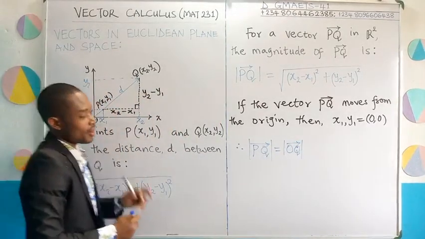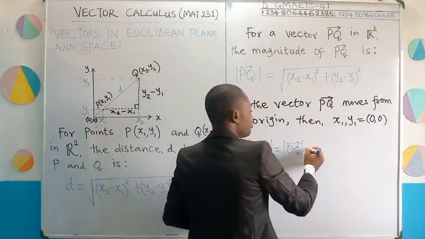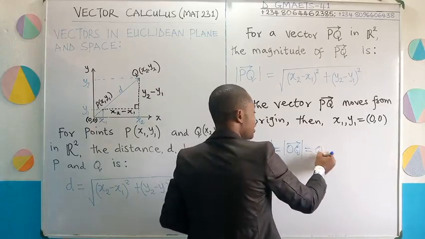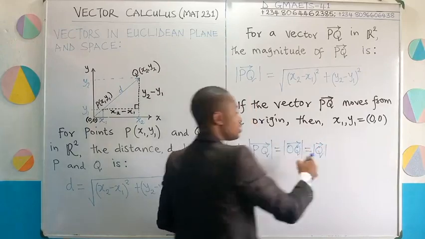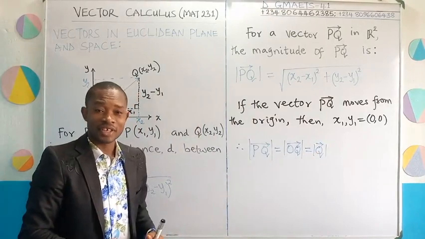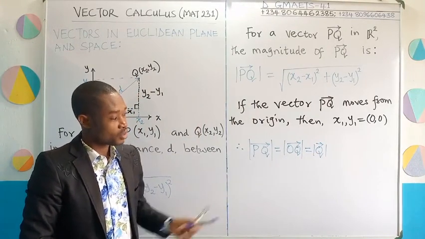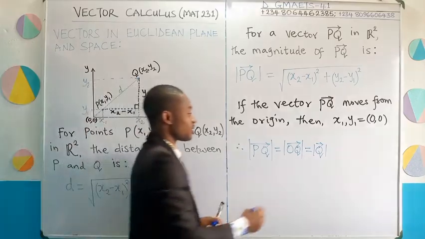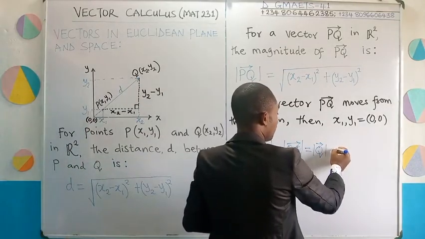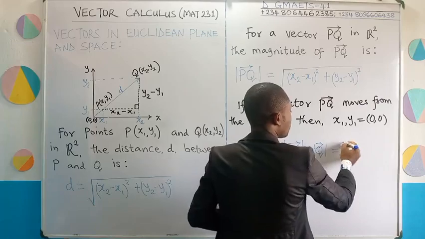Are you following, right? In most cases, we simply write this as Q without bothering ourselves putting the origin there. We know that the origin is already at point 0, 0. So we could simply write this in this format. And so this is now going to give us square roots.